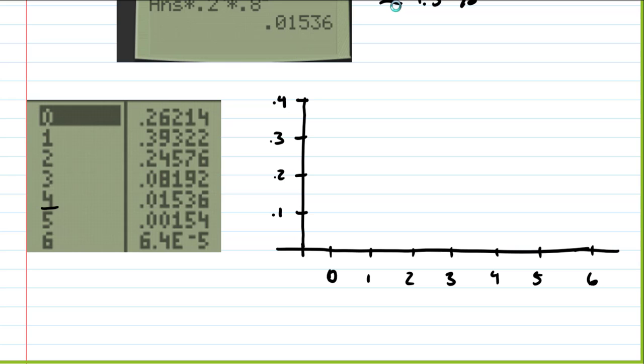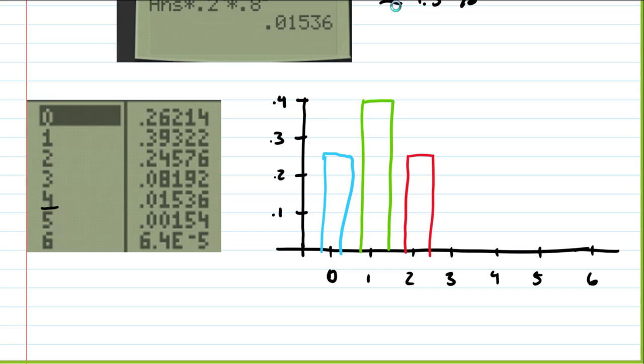So 0 is like 0.26, so it would look something like this. 1 has about a 0.39, so that's going to be all the way up here. If you graph it on the calculator, it's going to graph something crazy. There is a way to get our calculator to do it, but it's not worth the effort.